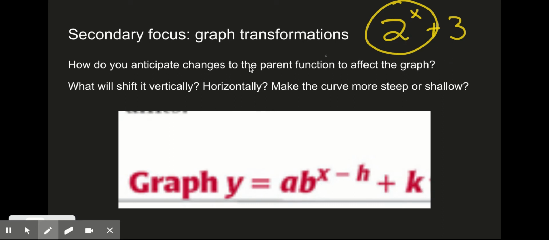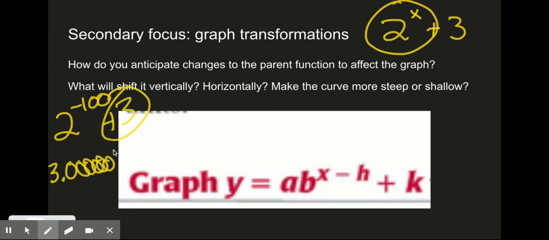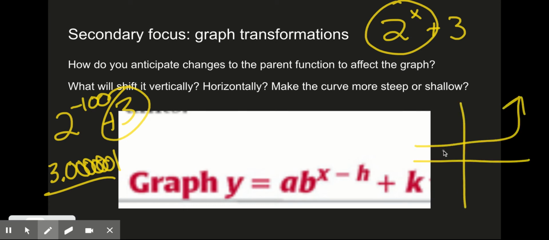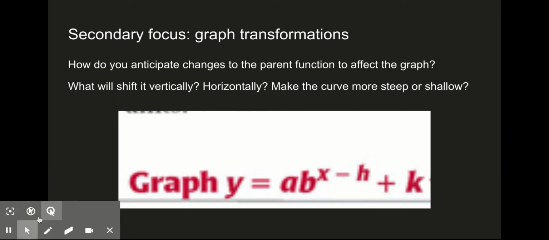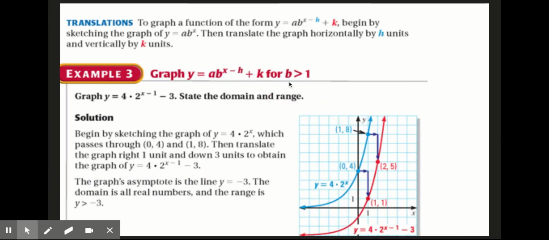Well, that means that even if I do 2 to the negative 100th plus 3, the 3 means that, no matter how small this is, I'll be at like 3.000000001. Well, it's still bigger than 3. So I still have an invisible line that I can't cross. It's just that now it's not 0. Now it's like 3. It's a different line that I can't cross. It's a great little example here.